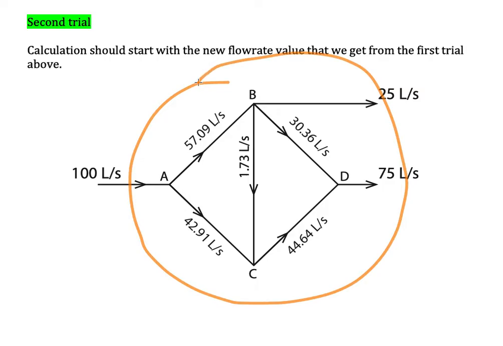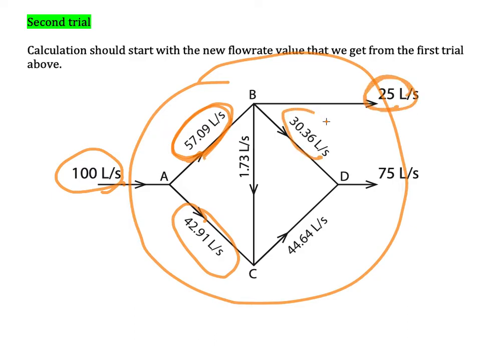First we need to make sure that the continuity equation is fulfilled. So 57.09 plus 42.91 gives us 100. And this value is equal to 25 plus 30.36 and 1.73. Here you need to make sure that the value is correct.